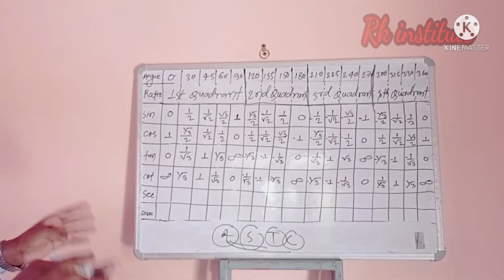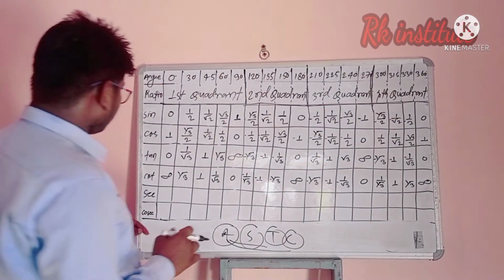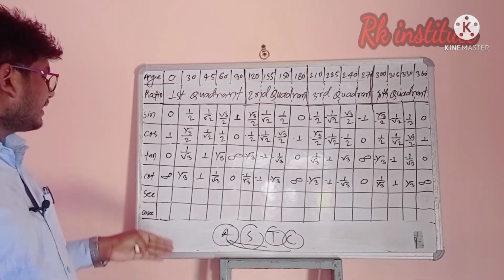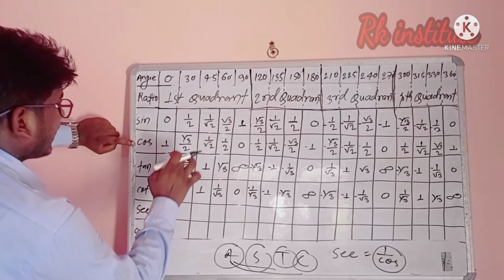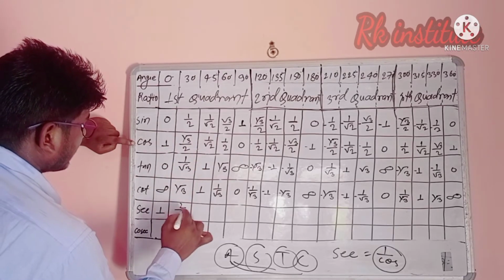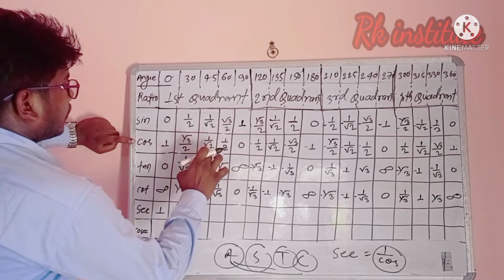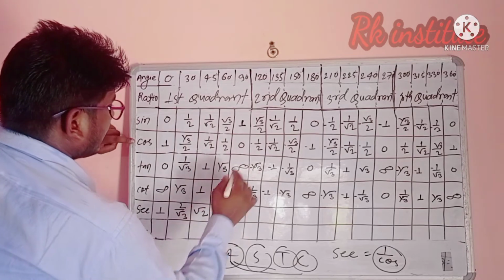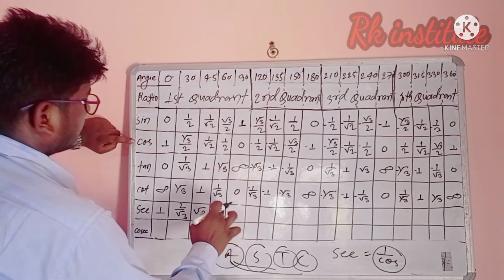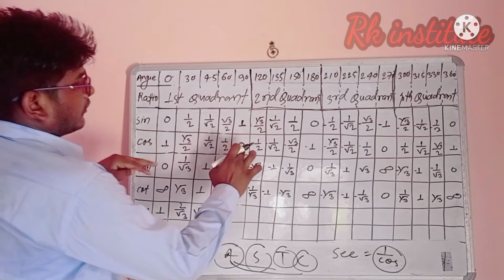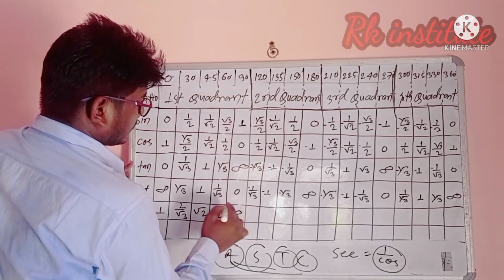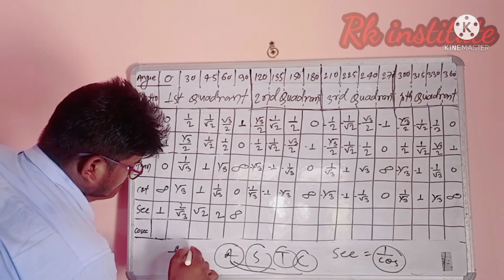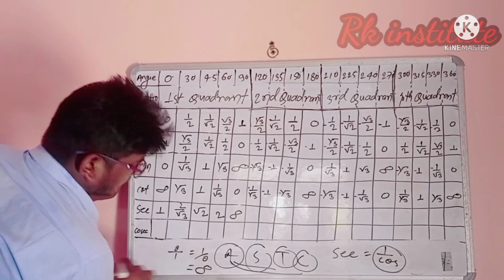And under the same condition we have to write the formula of sec. Sec means 1 by cos, and you have to change to 2 by root 3 and root 2. 1 by 0 goes into infinite. 0 divided by 1 and 1 goes into 1 by 0 equals infinite.